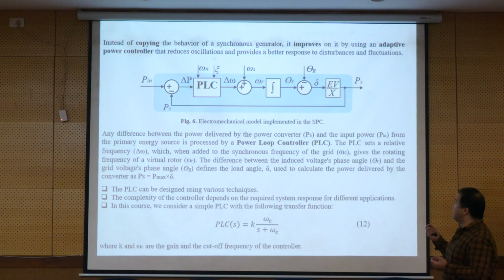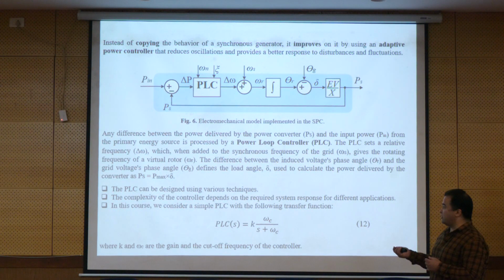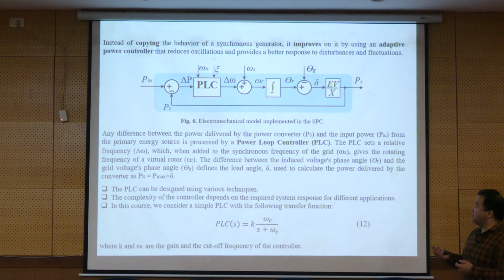By this assumption, we also consider that the PLL can be designed using various techniques. What we consider in our course is omega c over s plus omega c. But you can consider different ones. It depends on what you are looking for, but this is one of the simplest. The complexity of the controller depends on the required system response for different applications.